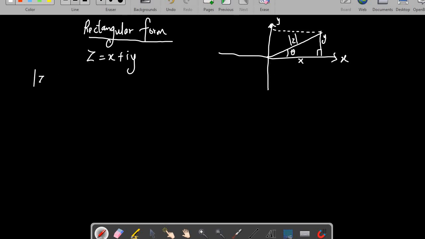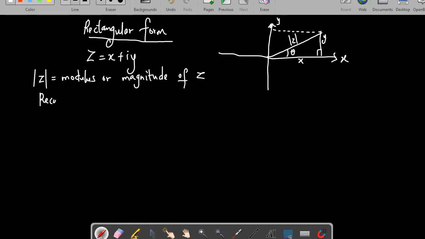Modulus z, this bar with z, is called the modulus or magnitude of a complex number. It is the length of the actual complex number in the z domain, the complex domain. You can evaluate it using Pythagoras' theorem.